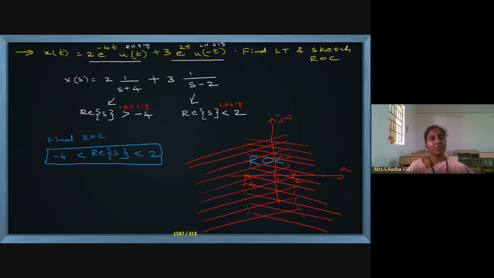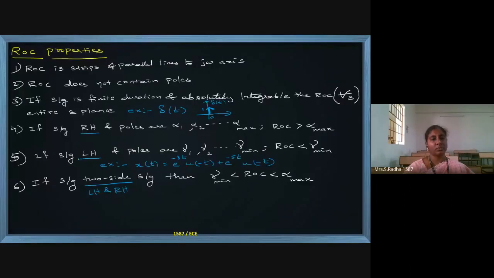If you have an overlapped region when you sketch the ROC, then the ROC will be between alpha minimum and alpha maximum. This is the sixth point. Because there is overlapping between the two terms' ROCs, the range of overlap is considered the final ROC.